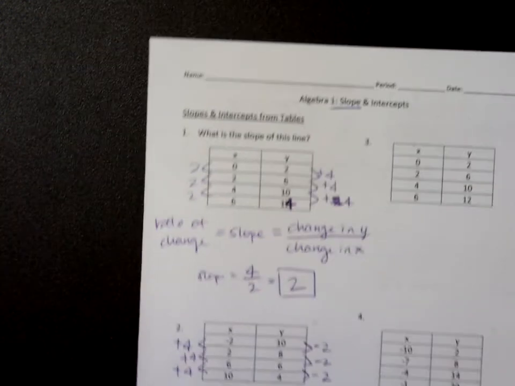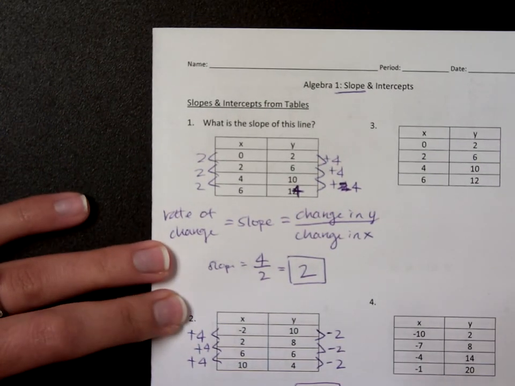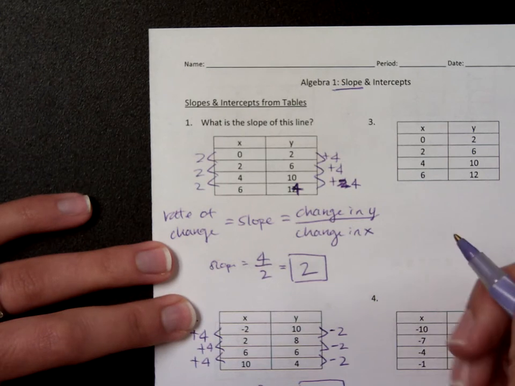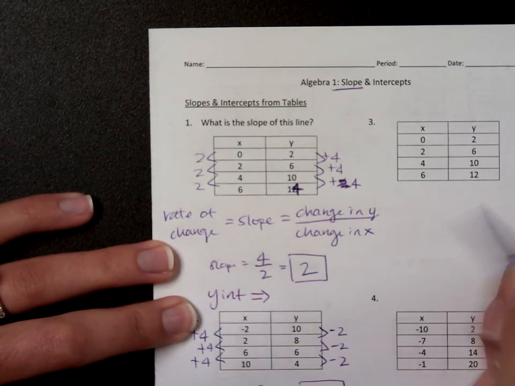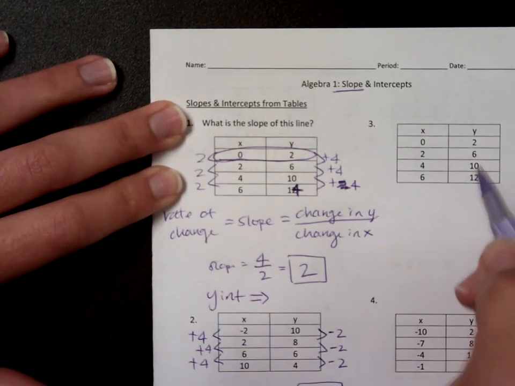Okay, one more thing. Flip back over to the tables. So on the table, if you want to find the y-intercept, your y-intercept is always the number that goes with x equals 0.